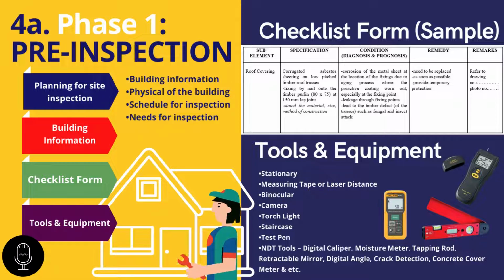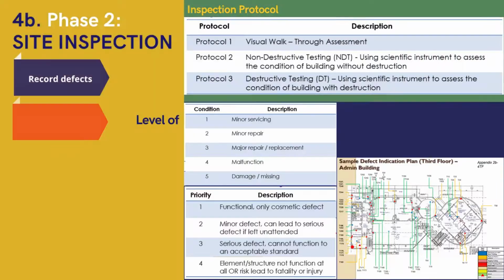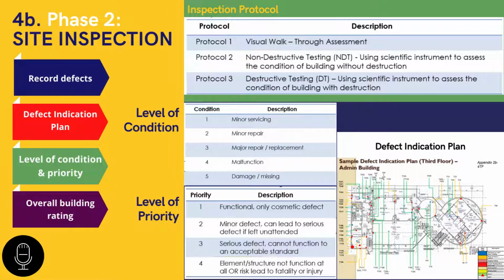For the tools and equipment, we have to prepare all the tools and equipment that will support our data collection. For phase 2, site inspection, we have to record all the defects that we find during the inspection by using an inspection protocol that suits our purposes.